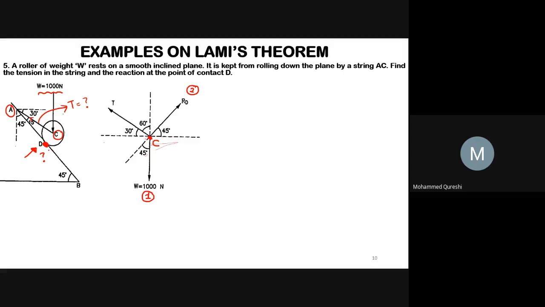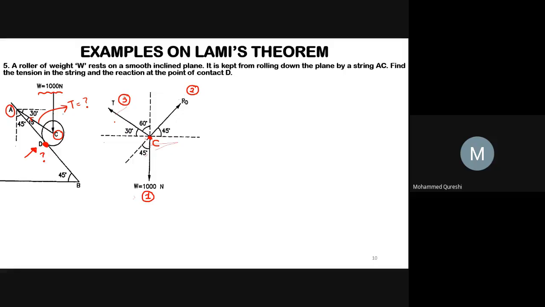As your point of contact D is showing the reaction in first quadrant and your W is in minus y axis, that is in downward direction, your T will be in the second quadrant as well as in upward direction. So all the three forces have been plotted in the free body diagram.